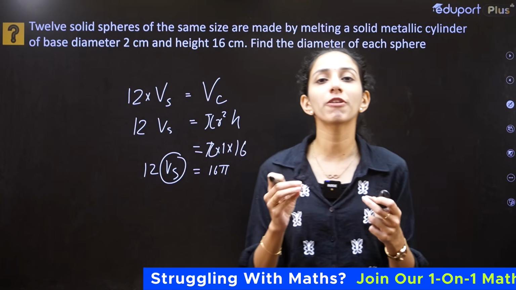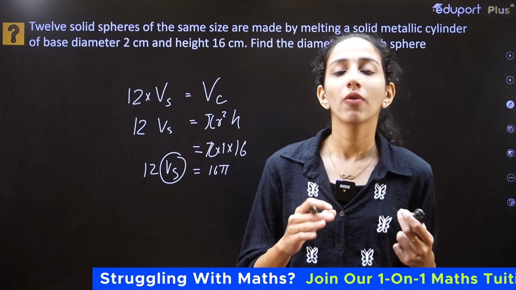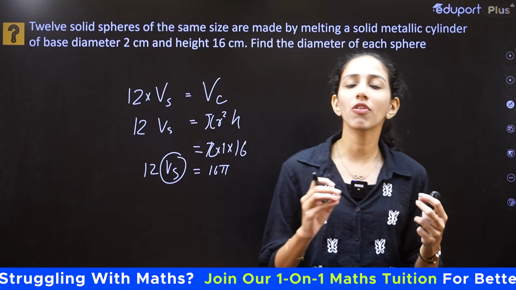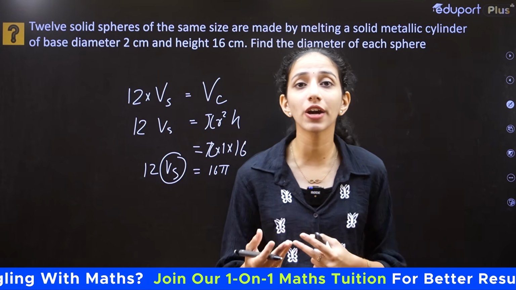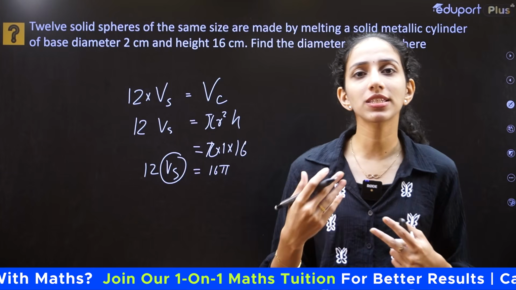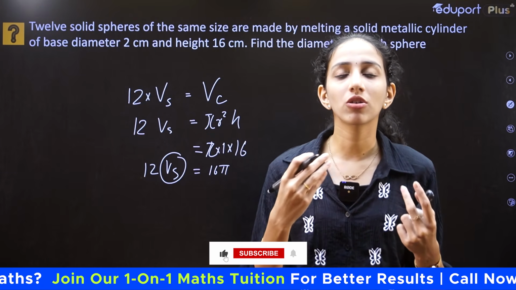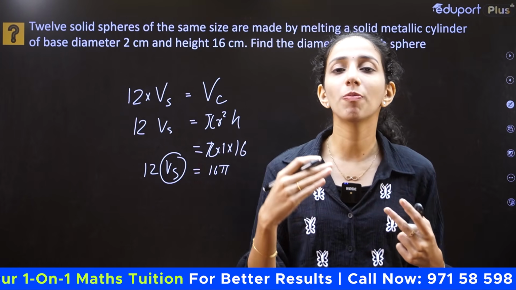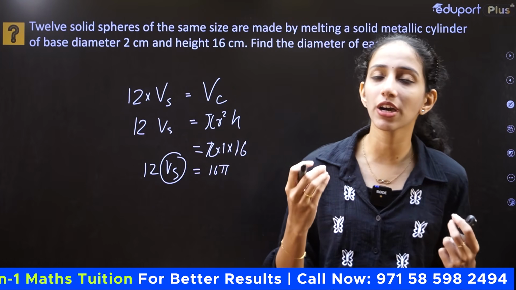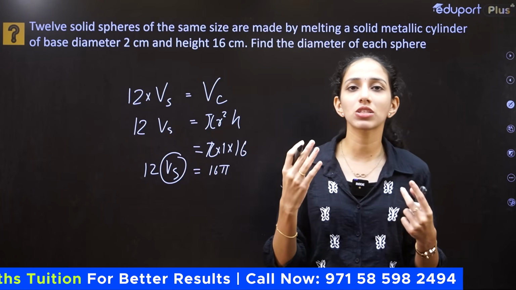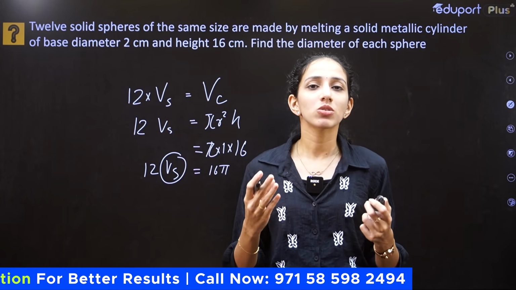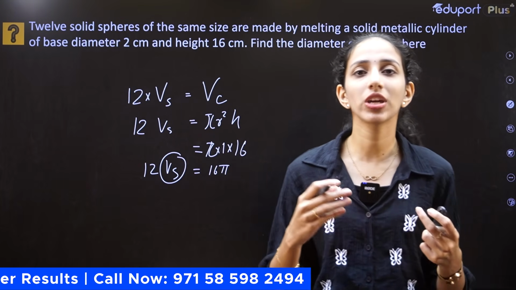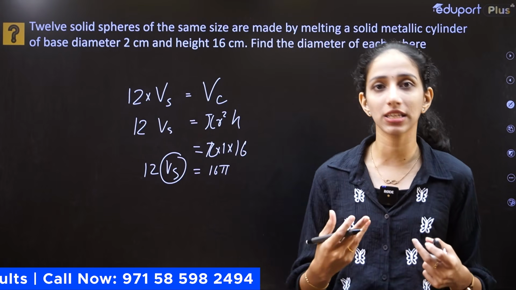So we have some different types of problems. One is a problem related to total surface area. The problem will not be asked directly to find the total surface area. Maybe it is a question to find the cloth required to cover, or the price to paint any toy, which requires finding the total surface area.